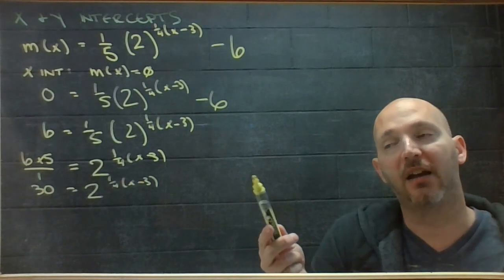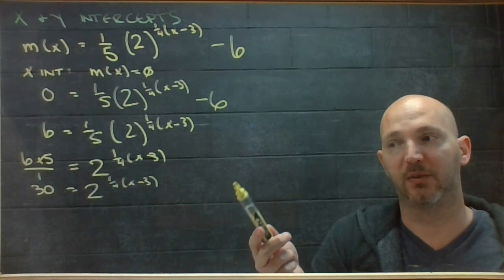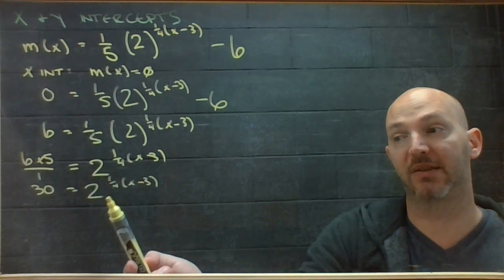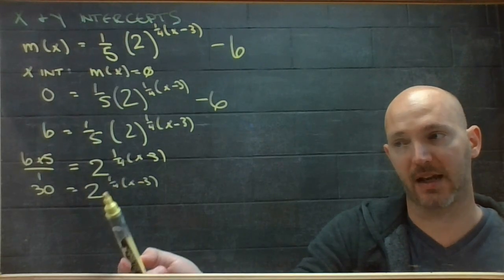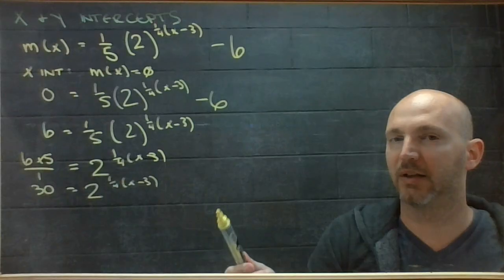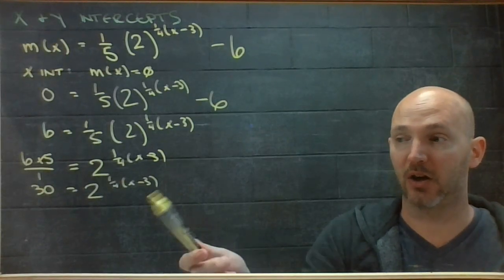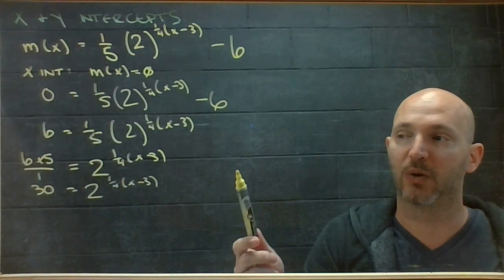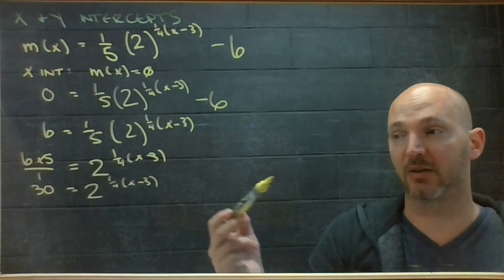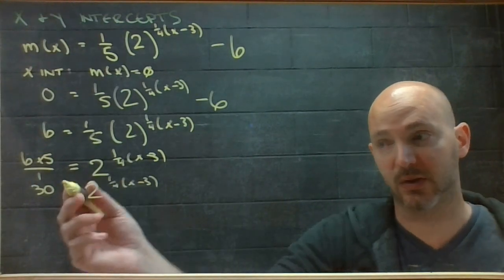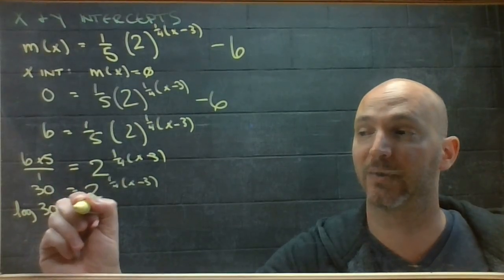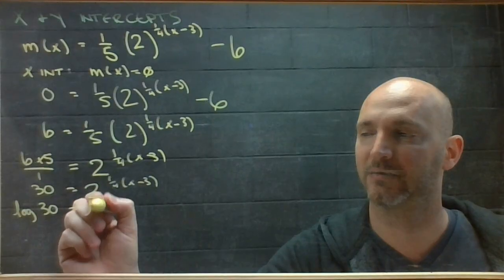I have to break an exponential with a logarithm, and I would have to use a log base 2 because I have an exponential base 2. But your calculator likely doesn't have a log base 2 button. So we're going to have to use a trick using the log base 10 button. So I'm going to introduce log base 10 onto both sides. And you're going to do it too because you trust me.